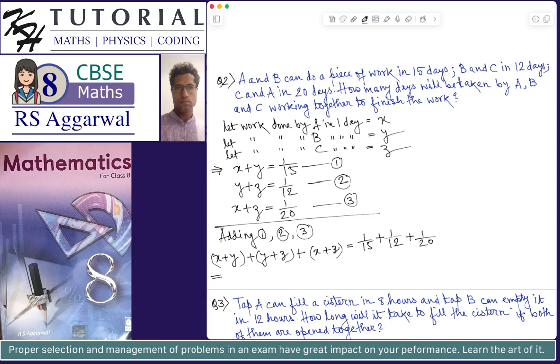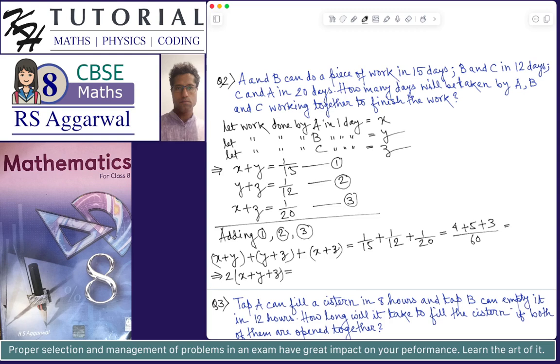Now the LHS, if you observe, has x, y and z each occurring 2 times. So we have twice of x plus y plus z equal to, the LCM will be 60, and this is 4 plus 5 plus 3 over 60.